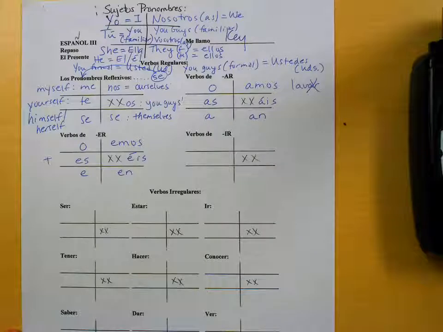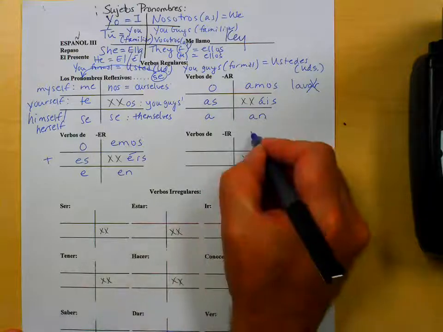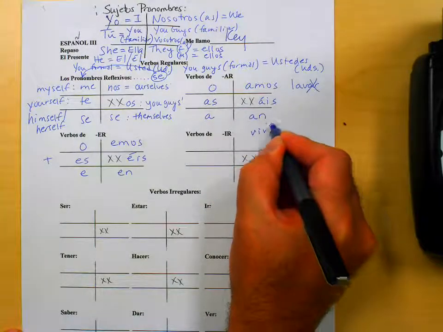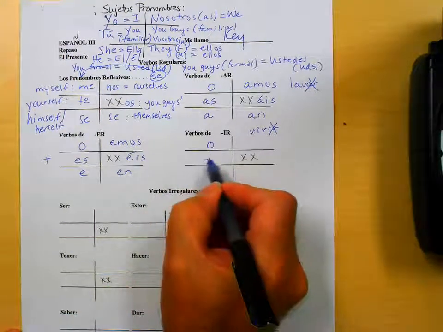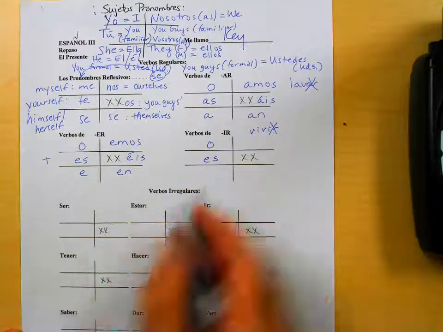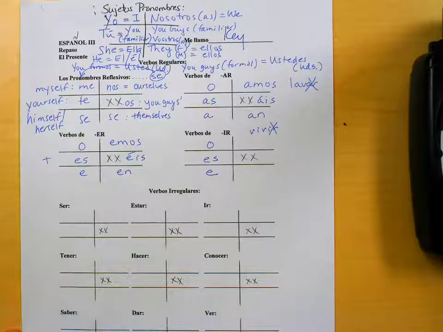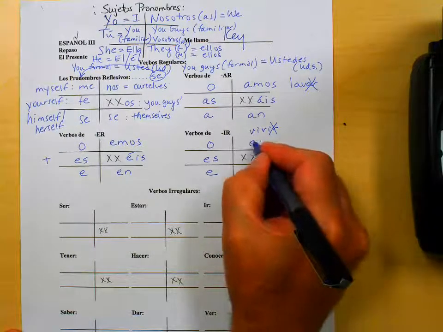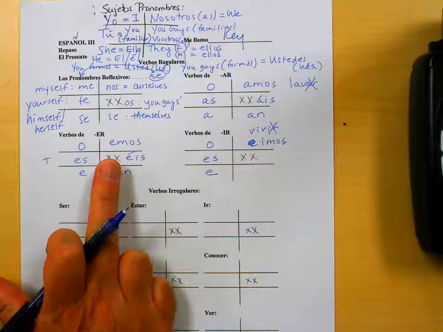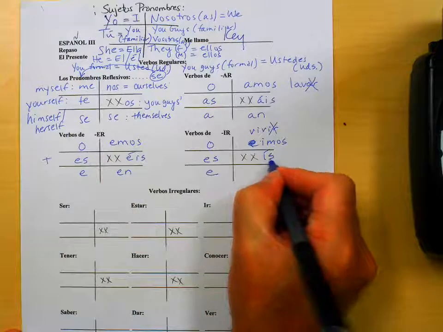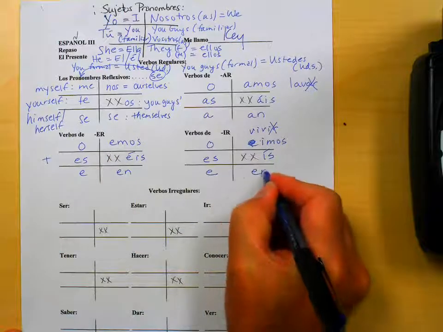If it's an IR verb, like the verb vivir, you would take off the IR and you add the following endings. Yo form ends in o, tú form ends in es. Él, ella, usted ends in e. Nosotros ends in imos. So that's where it's a little different from the ERs. Vosotros ends in ís, and ellos, ellas, ustedes ends in en.